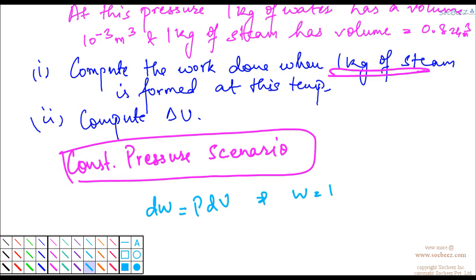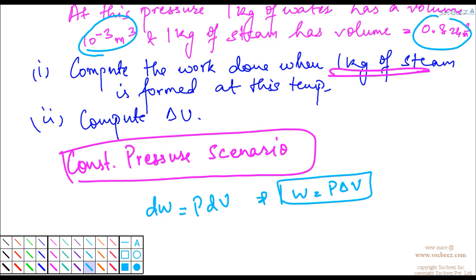So basically the work done would be P into delta V. As we know, the volume of water is this much and the volume of steam is this much. So obviously the water has been converted into steam. The change in the volume is final minus initial, which is P into 0.824 minus 0.001, that is 0.823 into pressure.